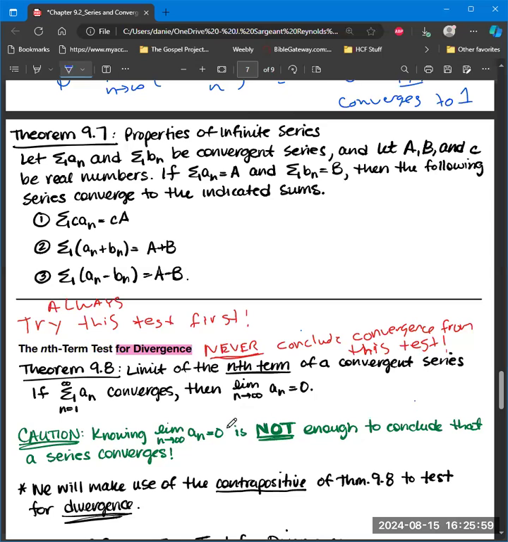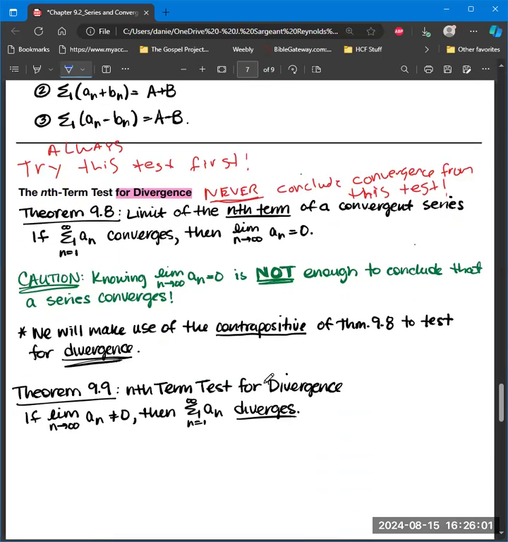So theorem 9.8, the limit of the nth term of a convergent series: if the series of a sub n, as n equals 1 to infinity, converges, then the limit as n goes to infinity of a sub n has to equal 0. We usually talk about it this way with theorem 9.9, which is really the test that we're going to use.